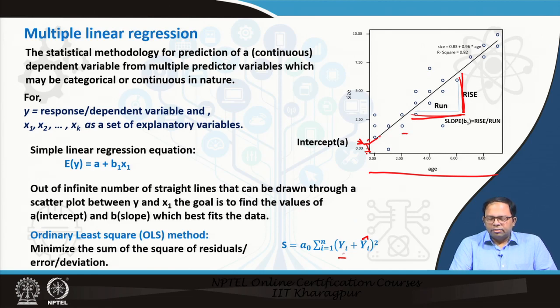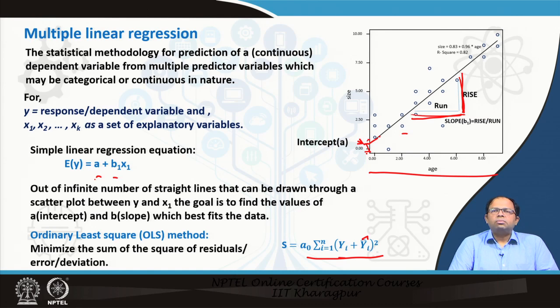Then the one that minimizes the summation of all these deviations is taken, and that gives us the result for the constants a and b1, these particular coefficients a and b1.